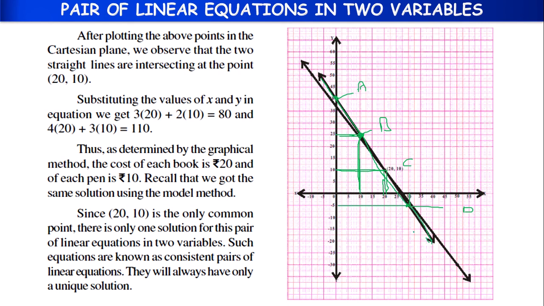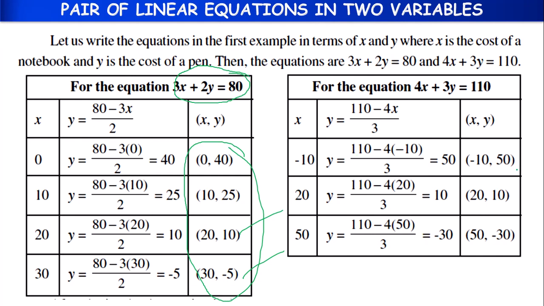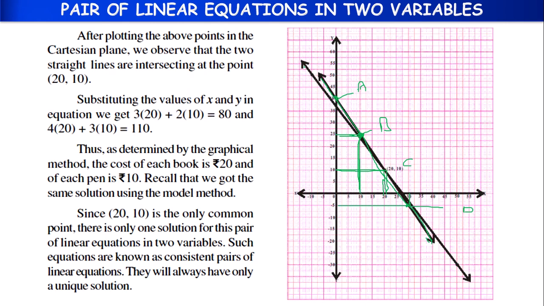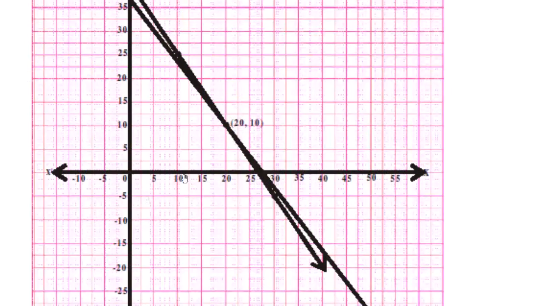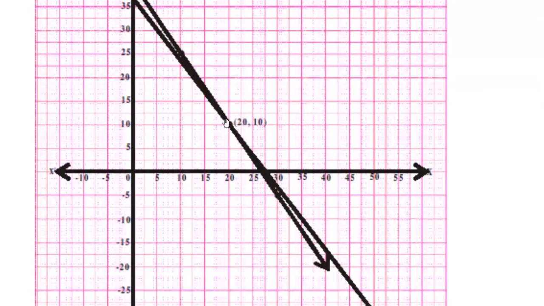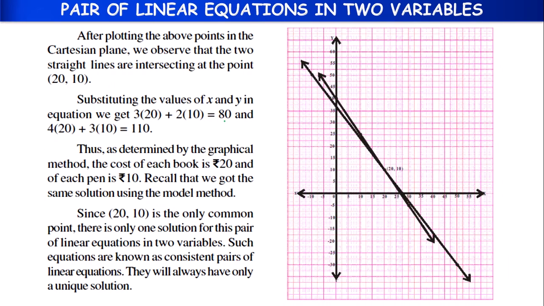In the same way, if the second equation is also represented on the graph paper with the help of these points, it will be another straight line. If we observe both the straight lines, they will intersect at exactly one point, which is (20, 10).